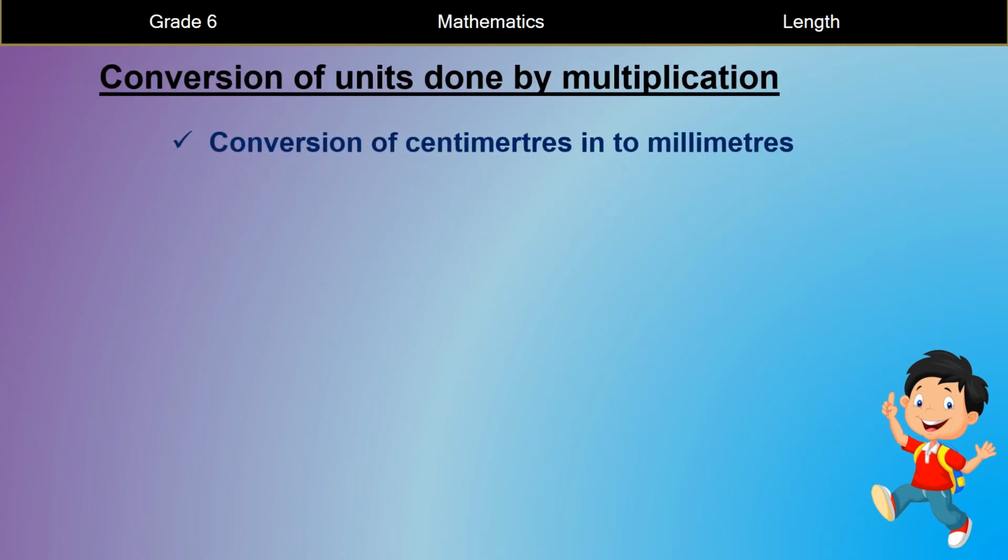Okay, now let's identify when we convert units by multiplying. First, conversion of centimeters into millimeters. We know that 1 centimeter is equal to 10 millimeters. Therefore, to convert centimeters into millimeters, we multiply by 10.